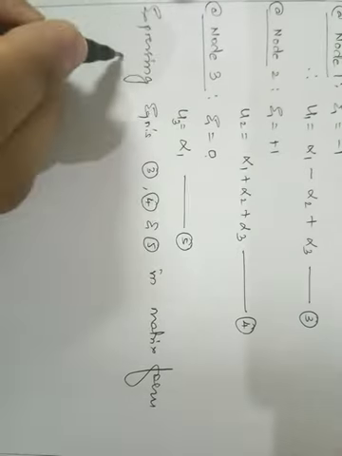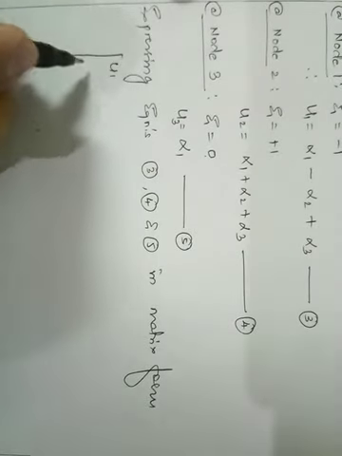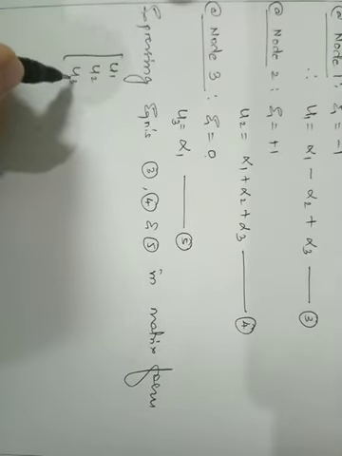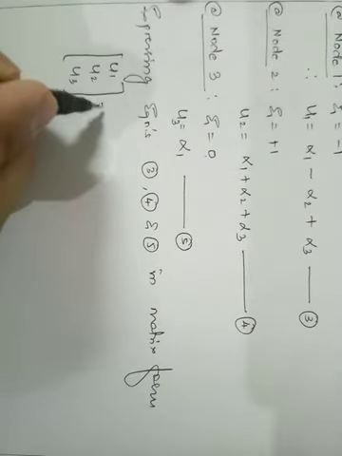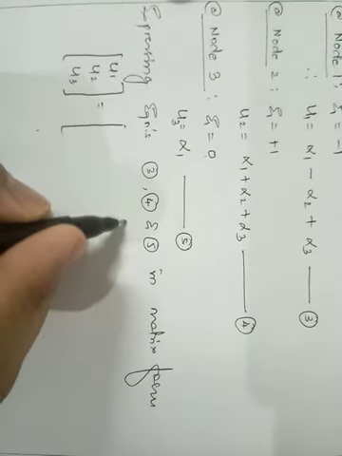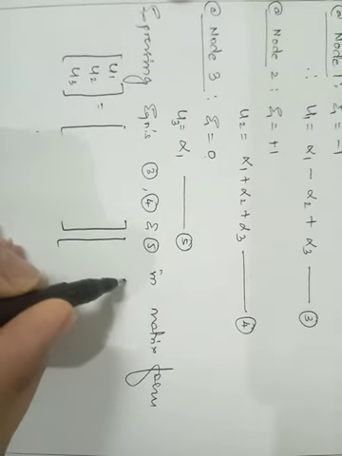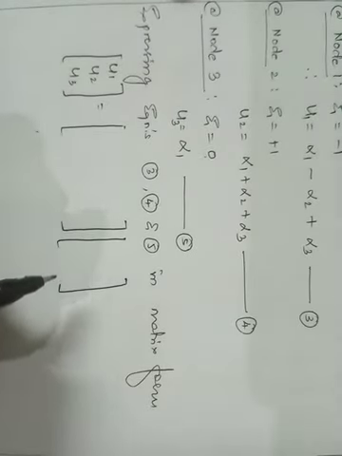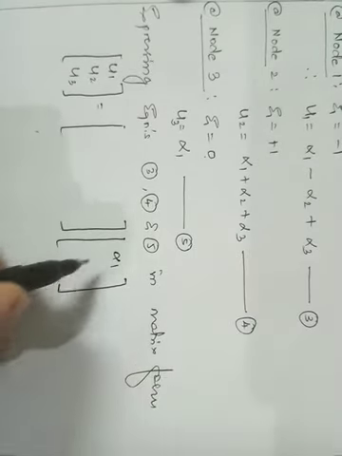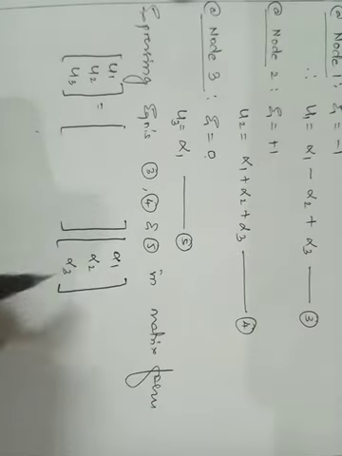So that can be written as u1, u2, u3, right. So we are having alpha 1, alpha 2, alpha 3.